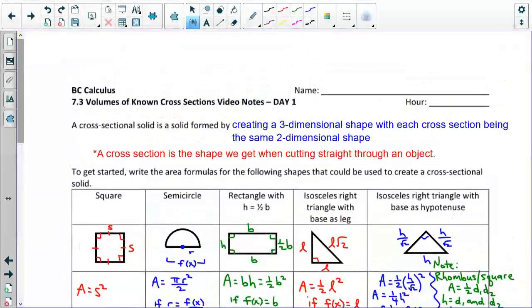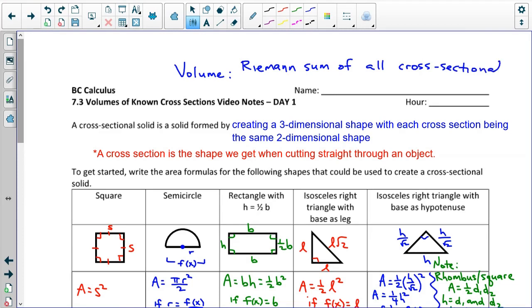So basically what I have is all of these squares, and then I'm going to sum it up with an integral. So as I go back, if I want to figure out the volume of this solid, I take a Riemann sum of all cross-sectional areas. And remember that a Riemann sum is an integral.